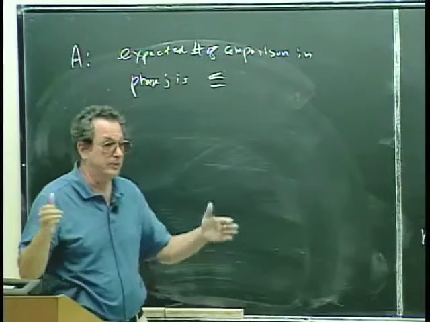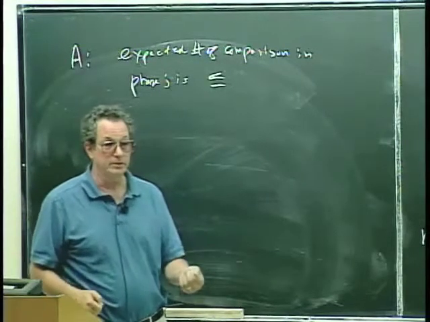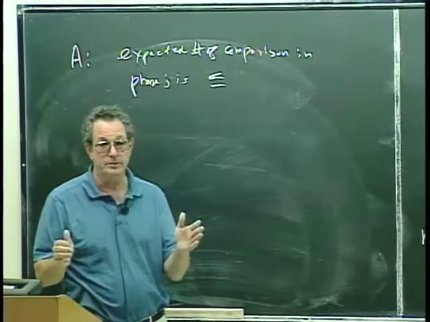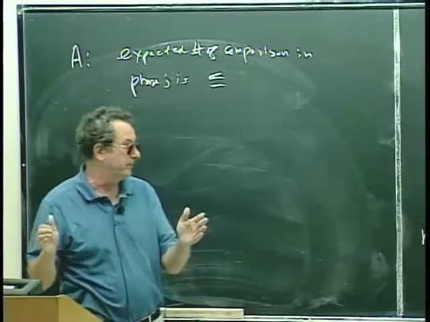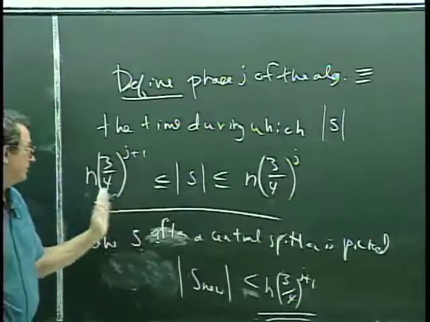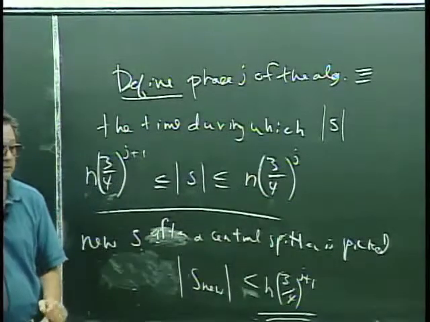You just entered phase j. You're going to pick splitters. As you're picking splitters, you're doing comparisons. And if the size of S gets outside of this interval, you're no longer in phase j.